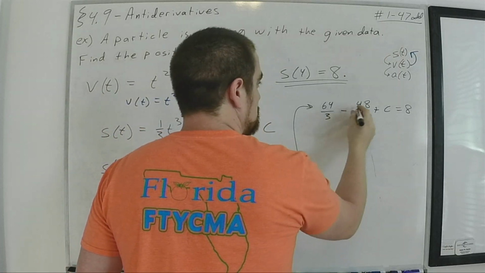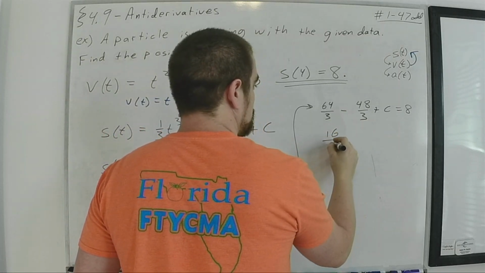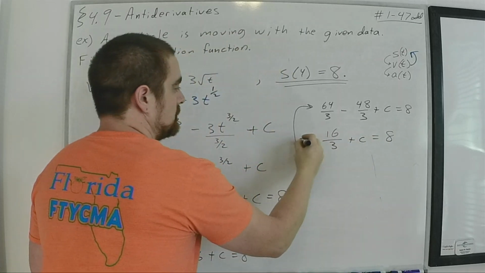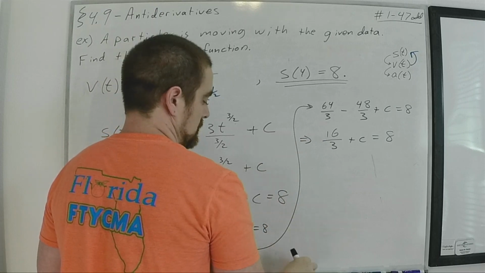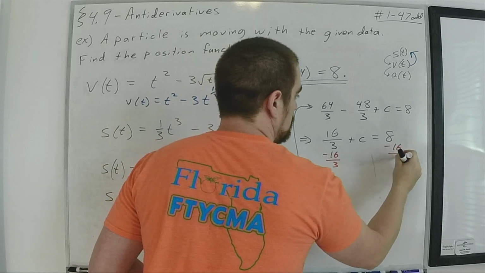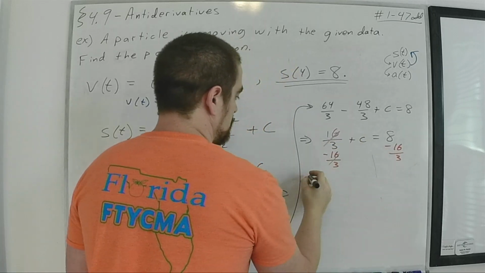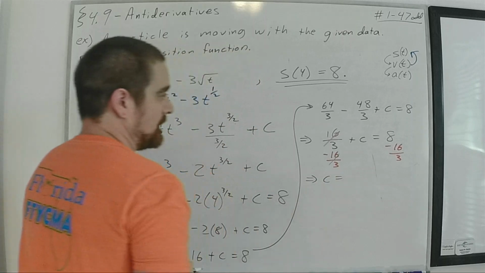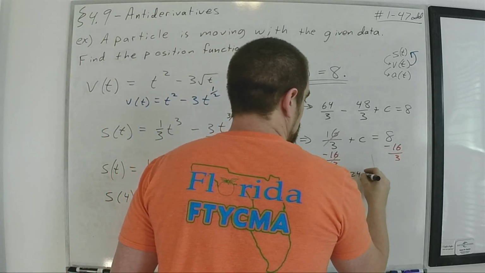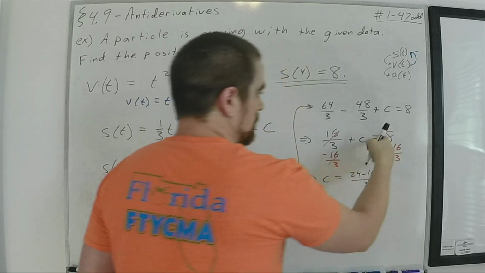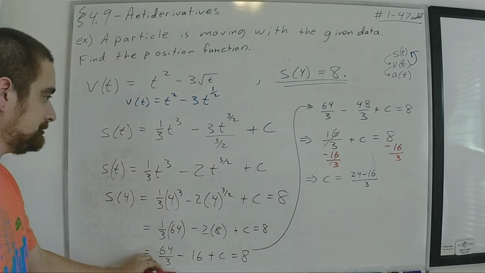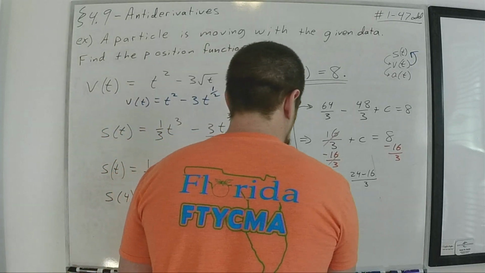So this will give me 64/3 minus 48/3, which is 16/3. Let's go ahead and subtract 16/3 on both sides so I can get my constant c. 8 times 3 is 24. So I'm just getting a common denominator, 24 minus 16 over 3. That'll give me c is 8/3.